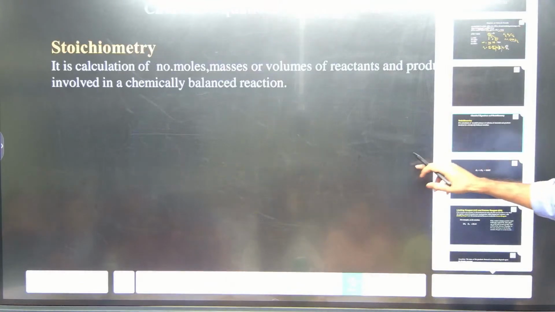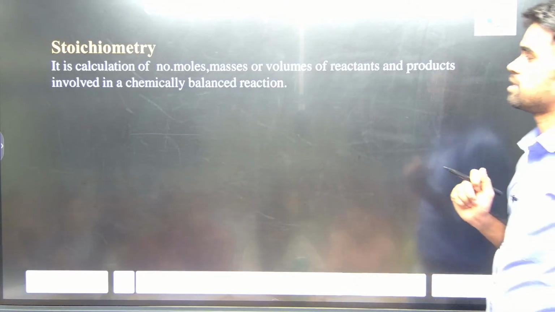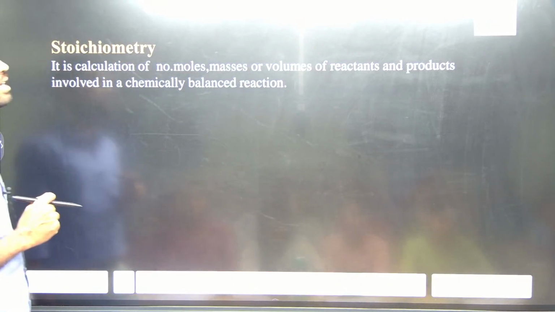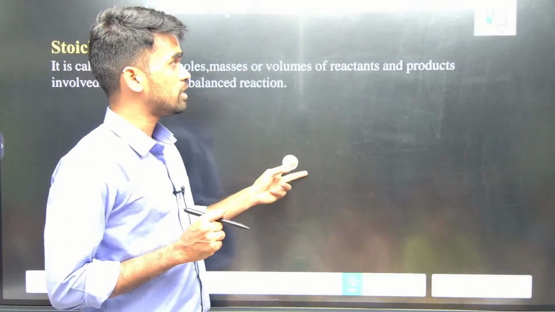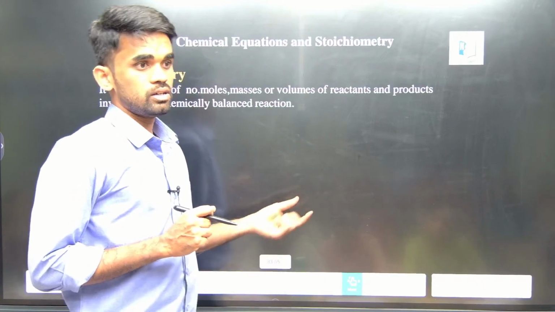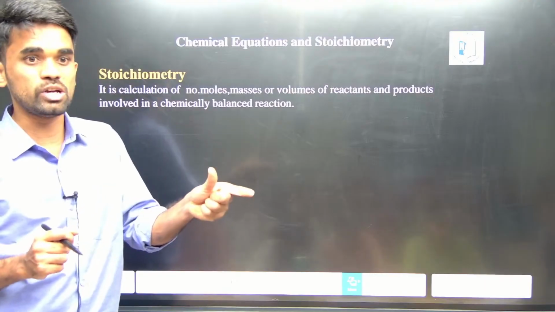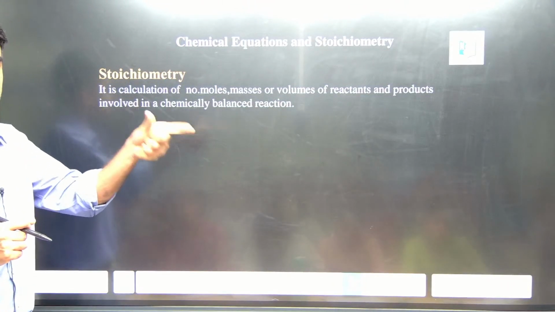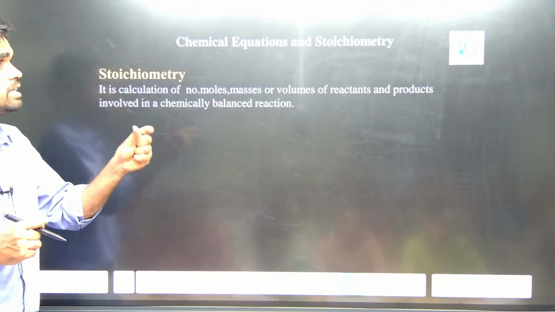Then next, from here you can expect the question again. Chemical equations and stoichiometry. What I told you stoichiometry means: after balancing an equation, whatever coefficients you get are considered stoichiometric.